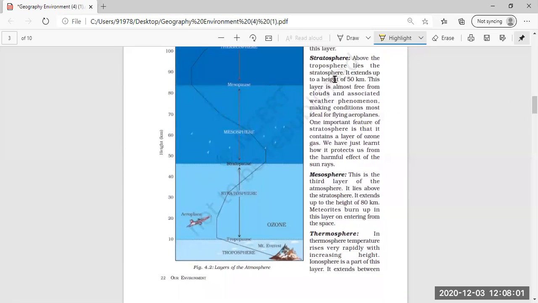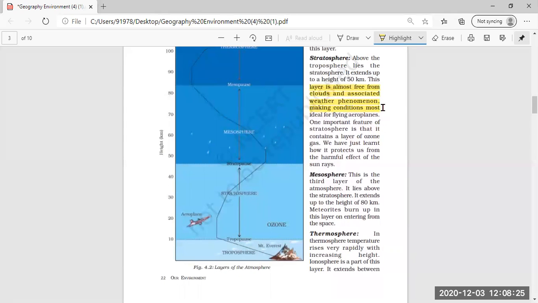Then next is the stratosphere. Above the troposphere, the next layer is the stratosphere, and it extends up to a height of 50 kilometers. This layer is almost free from clouds and associated weather phenomena. So which layer is almost free from clouds?